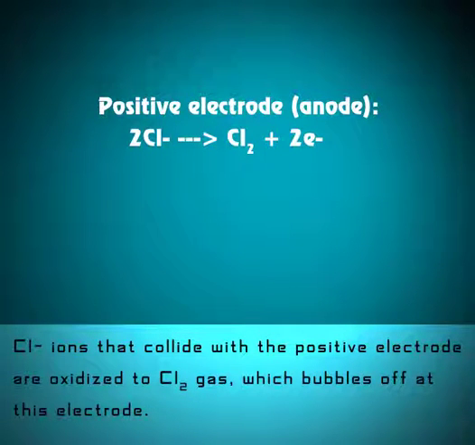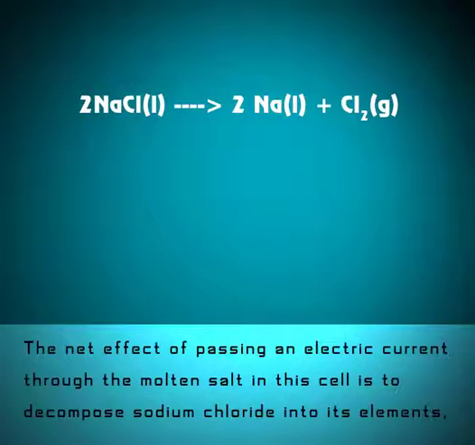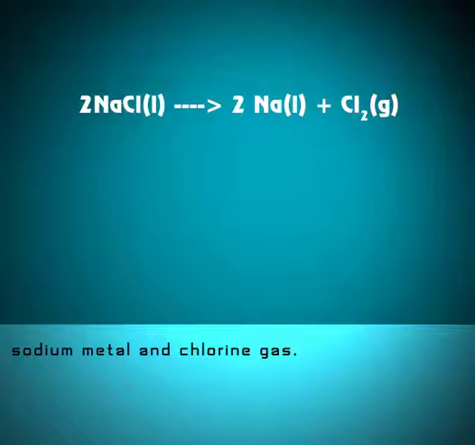Chloride ions that collide with the positive electrode are oxidized to chlorine gas, which bubbles off at this electrode. The net effect of passing an electric current through the molten salt in this cell is to decompose sodium chloride into its elements, sodium metal and chlorine gas.